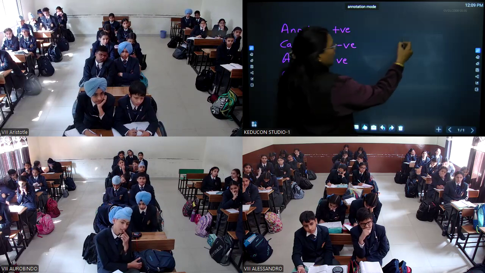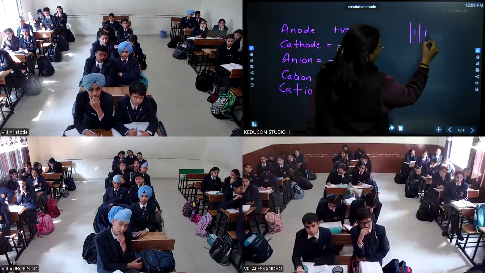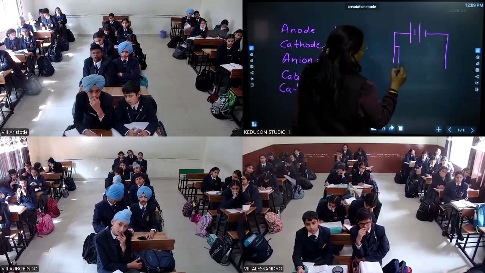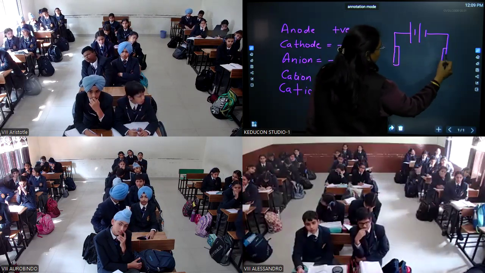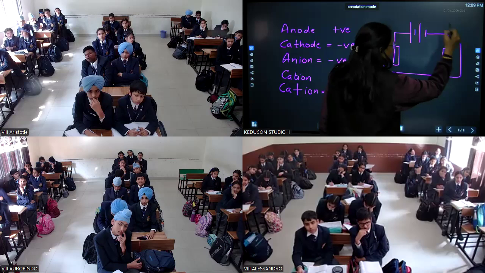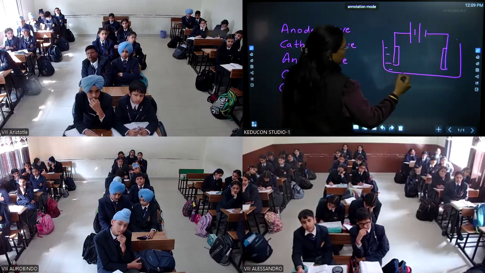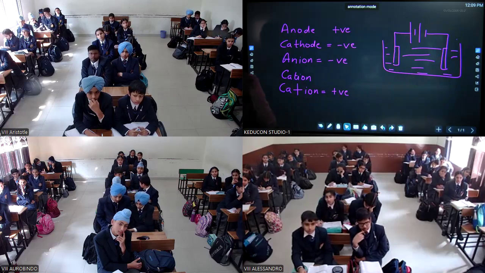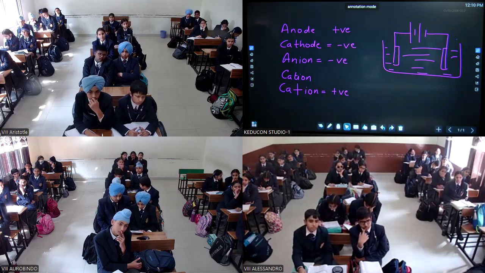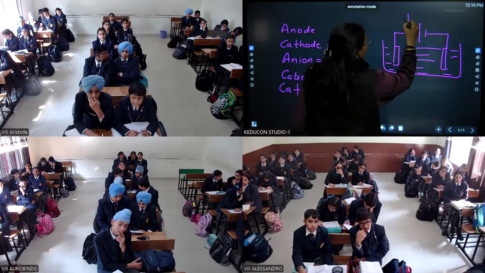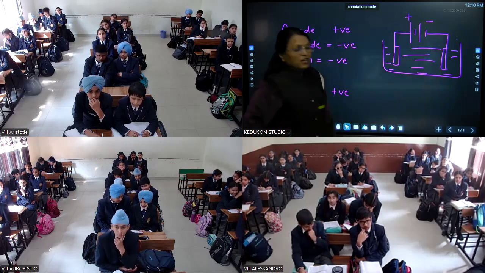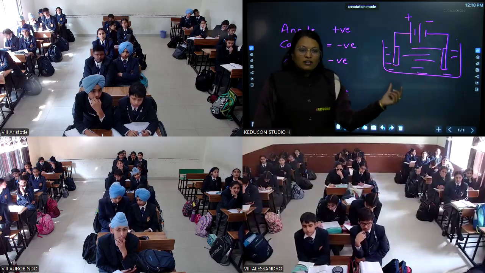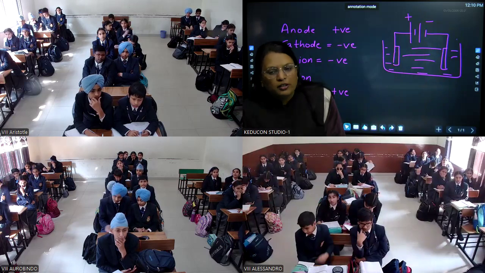Right? If I have a battery like this, and I have electrodes in the electrolytic tank like this. This is the electrolytic tank. This is the positive terminal of the battery and this is the negative terminal of the battery. This electrode is negatively charged or positively charged?